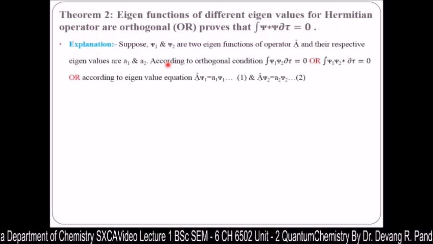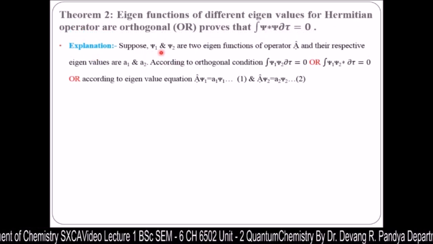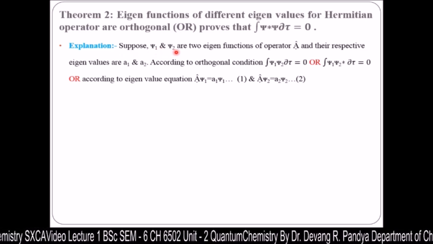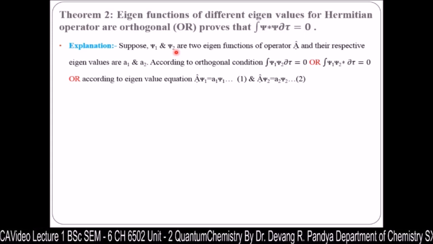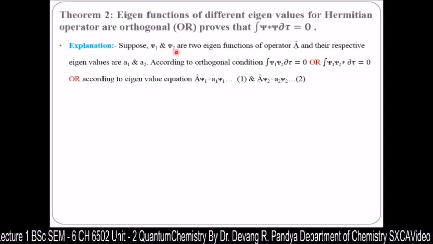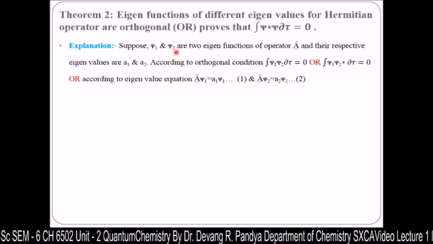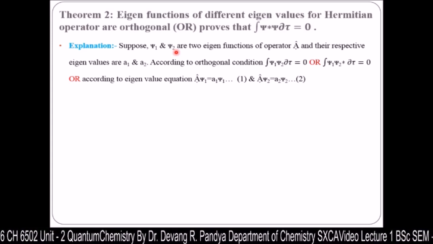Let's see the explanation. As I already said, to prove orthogonality you need to take two different functions. For a single function, only the normalization condition can be established. For orthogonality, we require two or more functions.